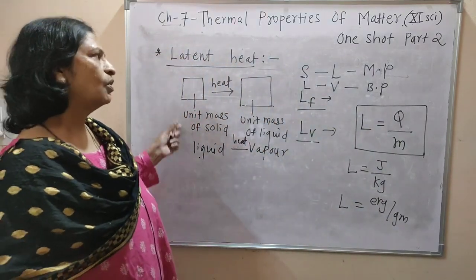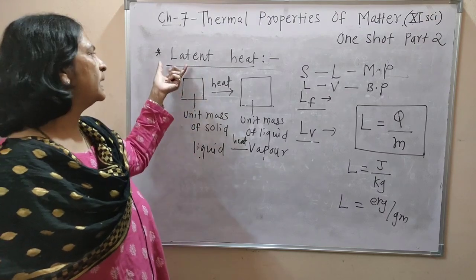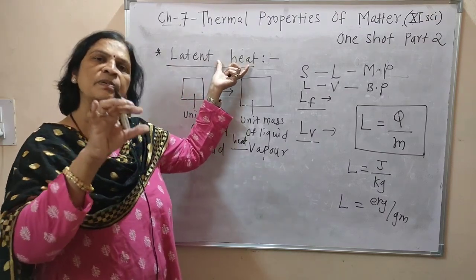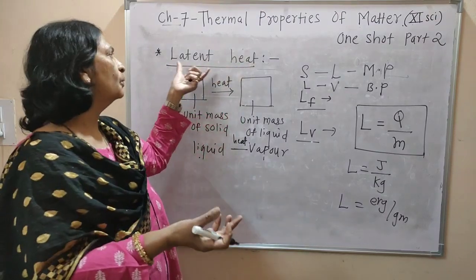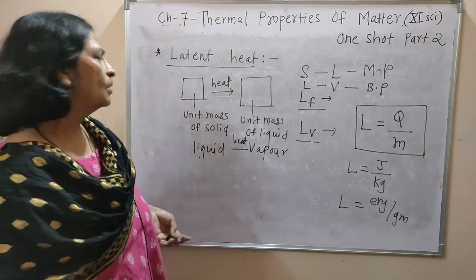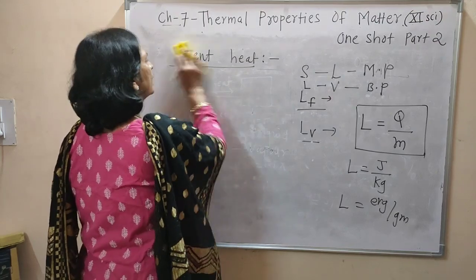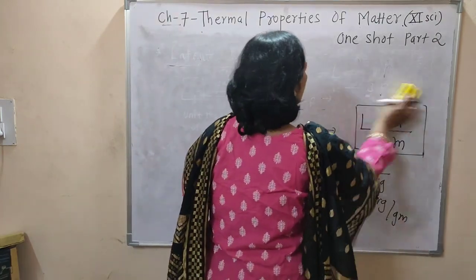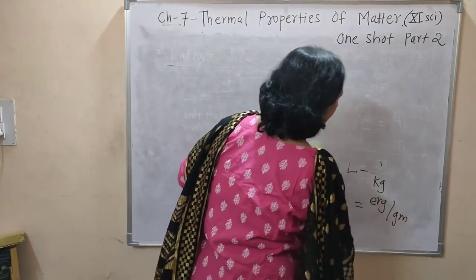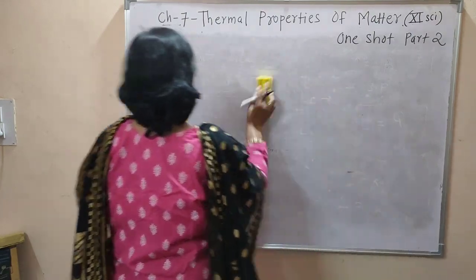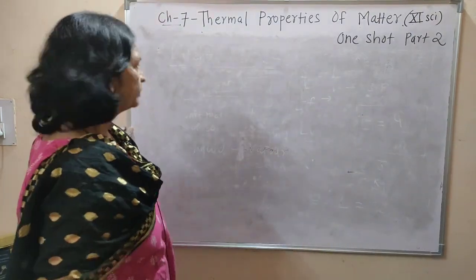Understood? What is the difference between specific heat and latent heat? Specific heat is used to increase the temperature. For that purpose, we have to study one graph, the temperature versus heat graph.